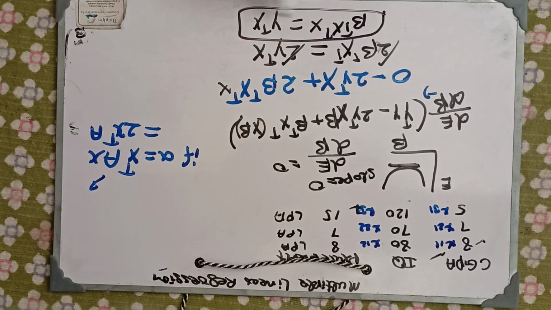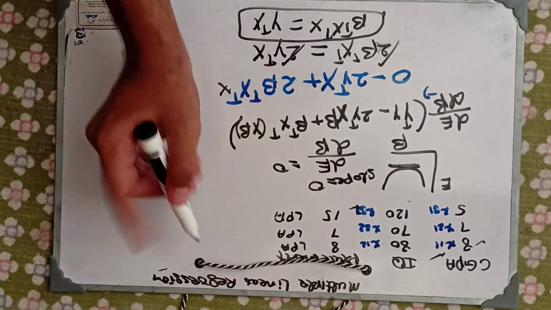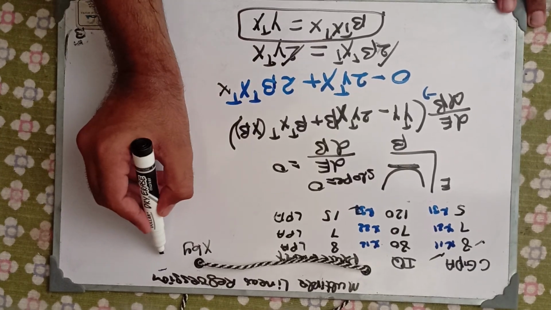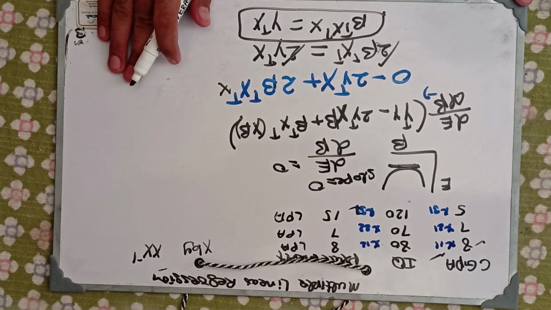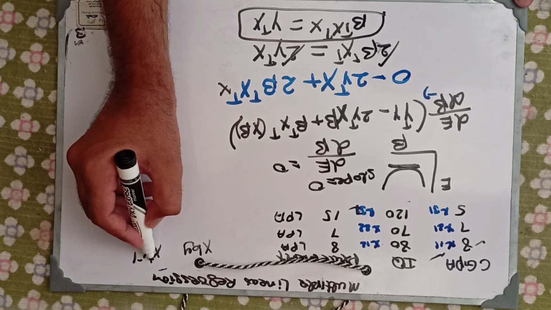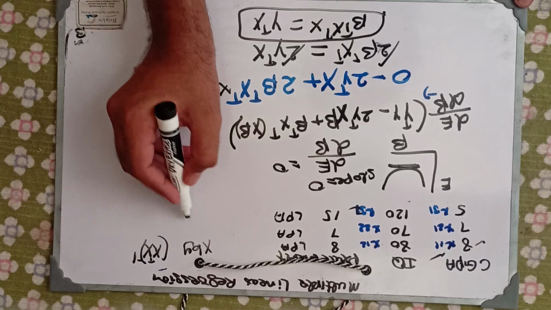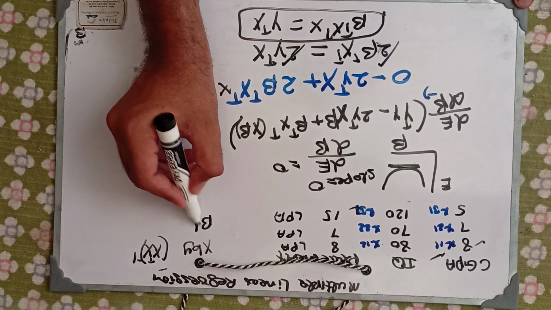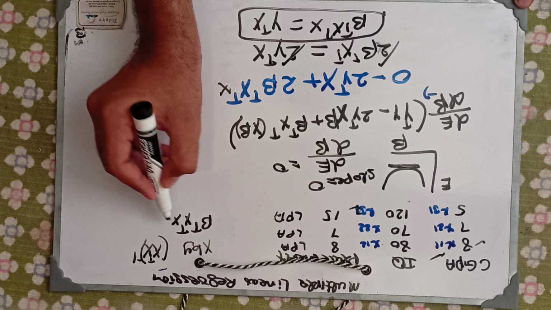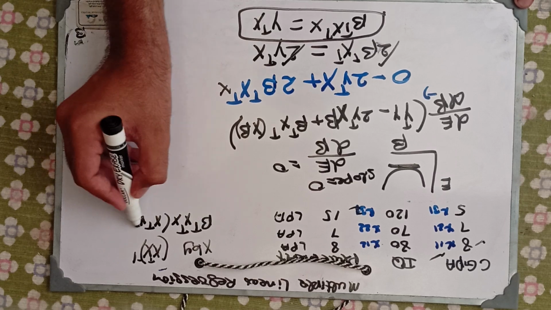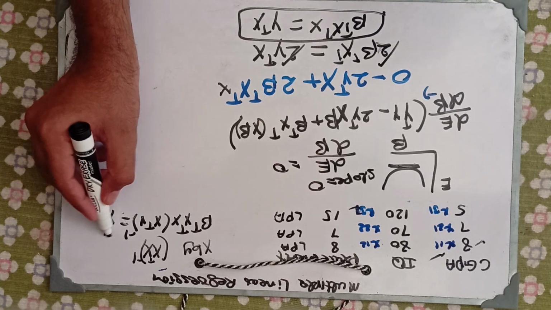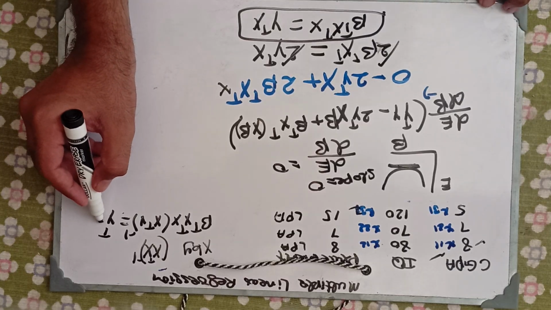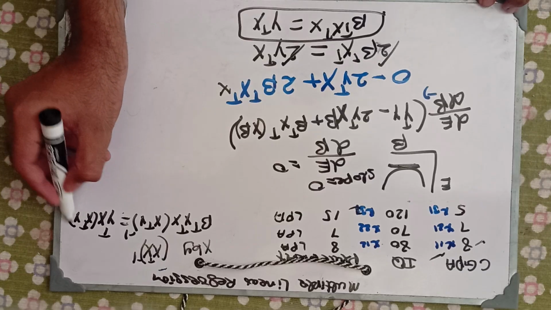Now what we will do is multiply both sides by the inverse. On both sides we are going to multiply by X transpose X inverse. So beta transpose X transpose X will be multiplied with X transpose X to the power minus 1, and on the right we have y transpose X times X transpose X to the power minus 1.